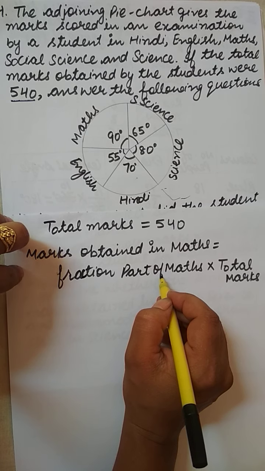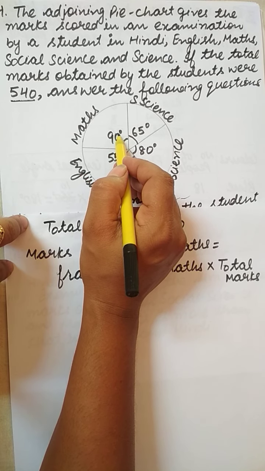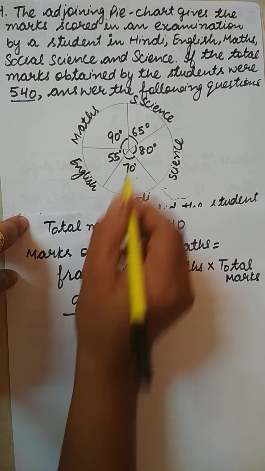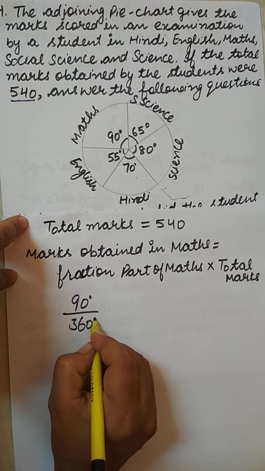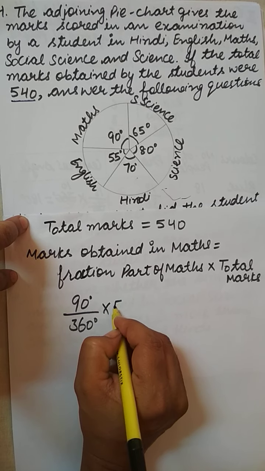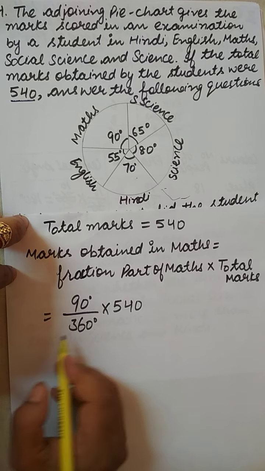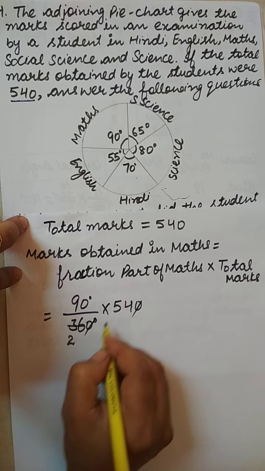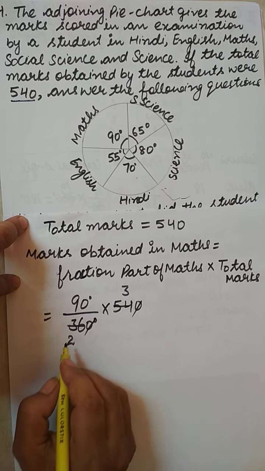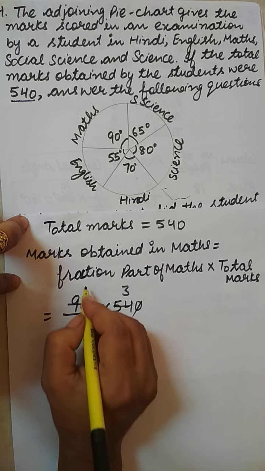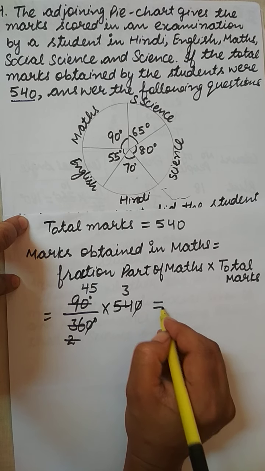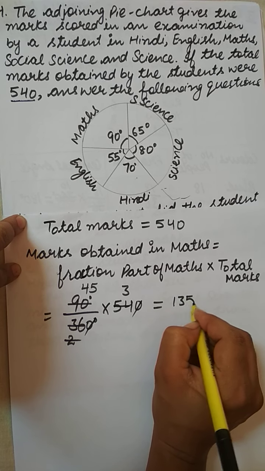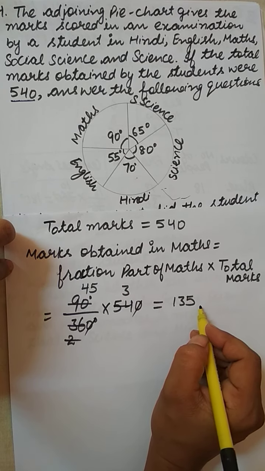What is fraction part of Maths? As the central angle for Maths is 90 degree, so 90 degree divided by the angle for the circle, that is 360 degree, multiplied by total marks, that is 540. Now do the simplifications. 0 and 0 cancel. 18 2s are 36, 18 3s are 54. Now 90 divided by 2 will be equal to 45 and 45 multiplied by 3 is 135. It means marks obtained in Maths is 135.